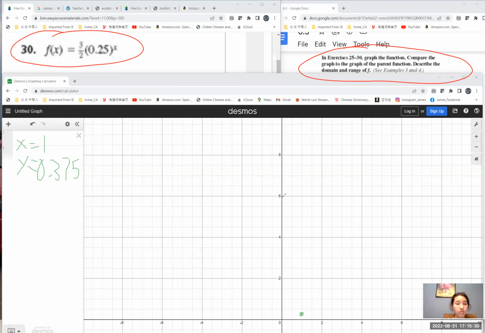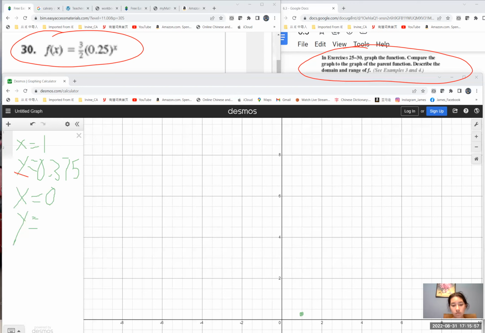And of course, try to find the important points, or even the most important points. Think about what they are. What kind of points are very important? Yeah, let me give you a hint. How about the y-intercept?